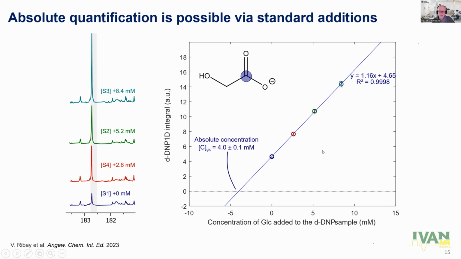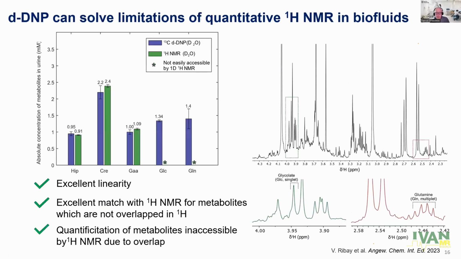So you could tell me, well, that's good, but maybe these metabolites could also have been quantified by proton NMR. Well, actually, it's true in some cases. For some metabolites, these are the green bars here, they could also be easily quantified by 1D NMR. And in that case, we could see that hyperpolarized C13 NMR, the blue bars, provided the same results, which is good.